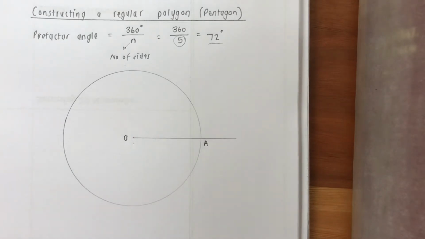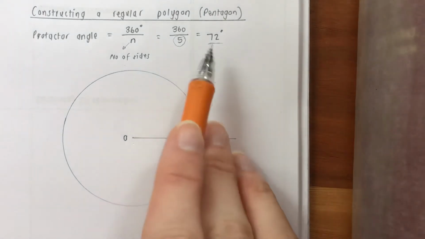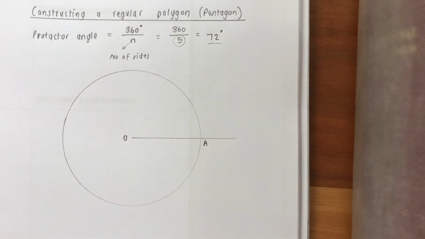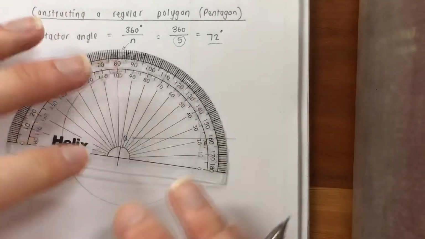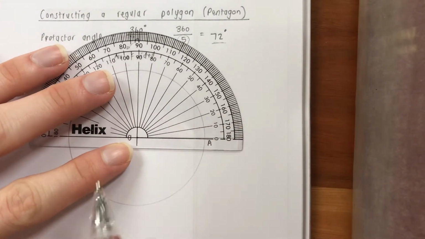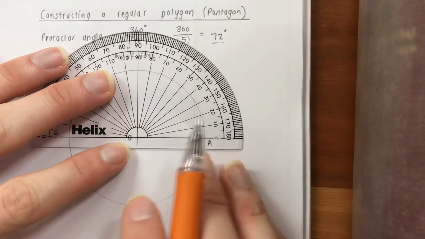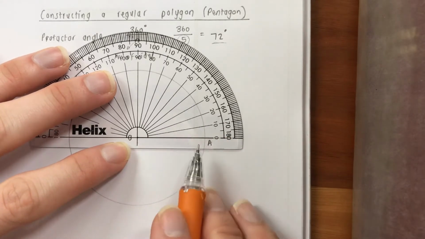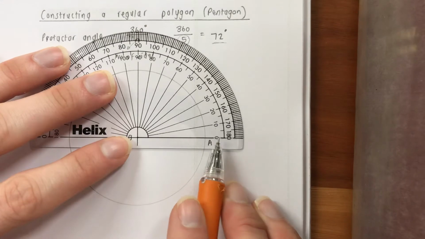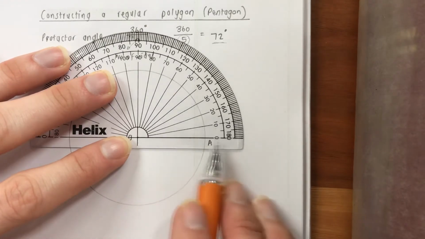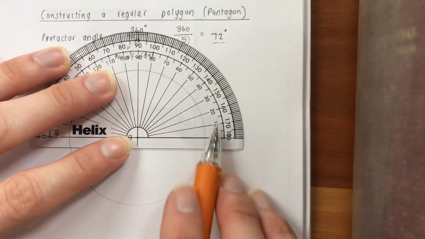Then, remember, we calculated the degrees that we need to measure on our protractor. So you will take your protractor, then you're going to place it right on the center of the circle, and make sure that your 0 degrees is on this horizontal line that you just constructed. Then you're going to measure the 72 degrees.